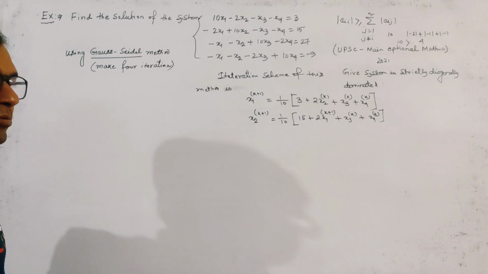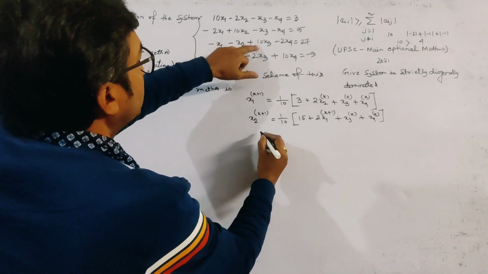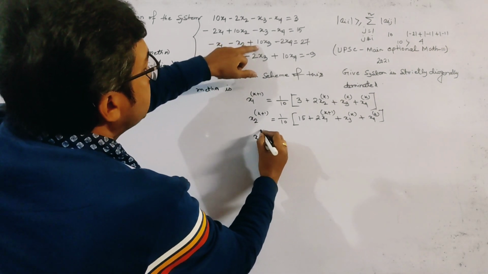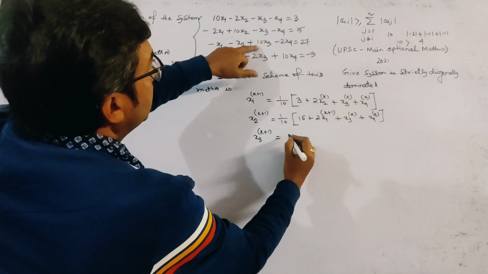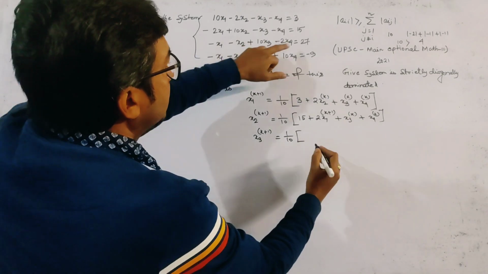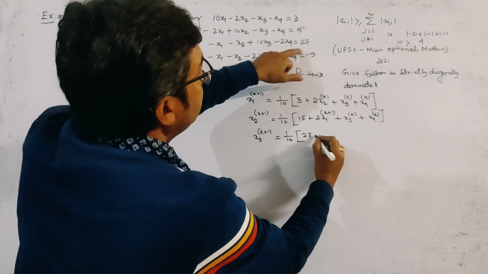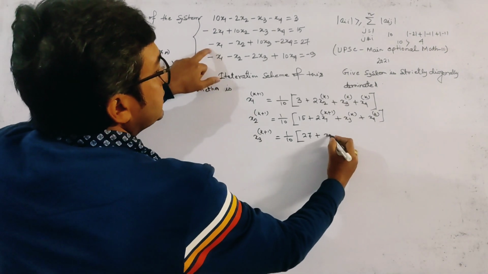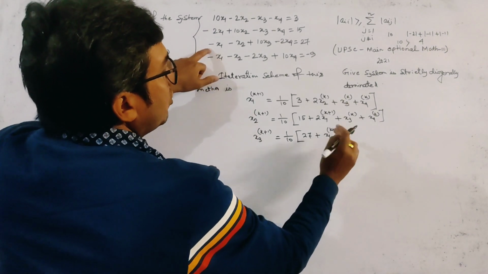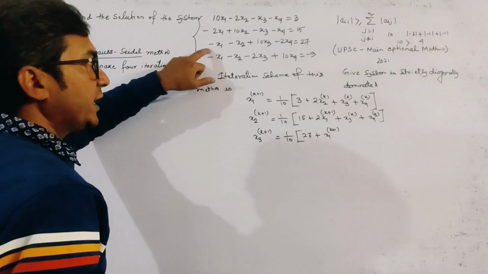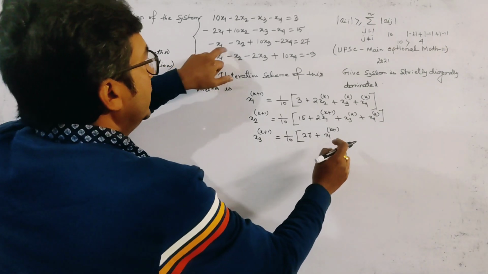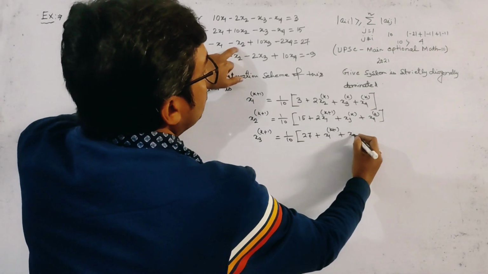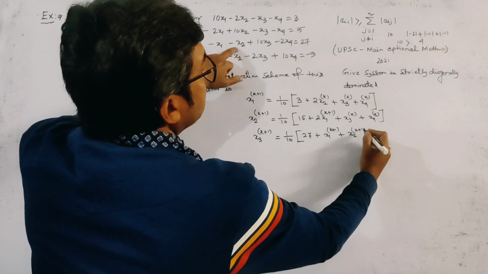Okay, and all the other elements, that is plus x3 (k) plus x4 (k), because x3 and x4 are in the kth iteration now. Now from the third equation we get x3 (k+1) equal to 1 by 10 into 27 plus x1 (k+1), since we already found the k plus 1 iteration of x1, plus x2 (k+1).